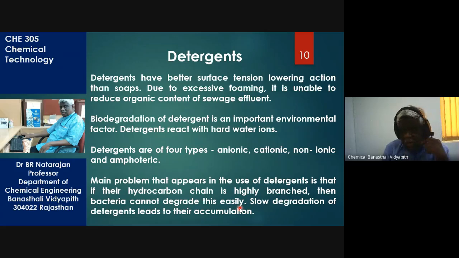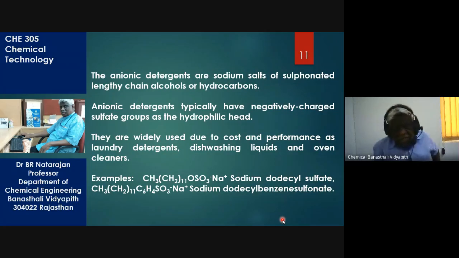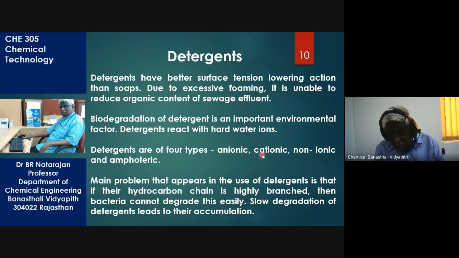Slow degradation of detergent leads to their accumulation. So this is a headache with detergents. Now let's see about each of them. That is the 4 detergents: anionic, cationic, non-ionic, and amphoteric.